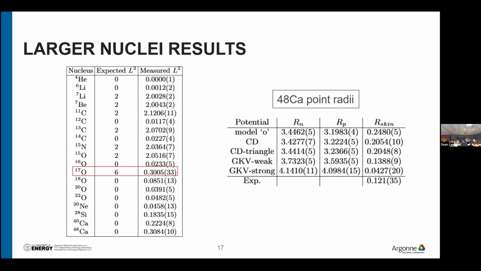And the issue is that 17 oxygen has a ground state with an L squared of 6, but another low-lying state very near it with something like 0 L squared. So what we think might be happening here is that we're getting some mixed state between these. But we're working on separating this out, seeing exactly what's happening. And that's something we can investigate with this method.